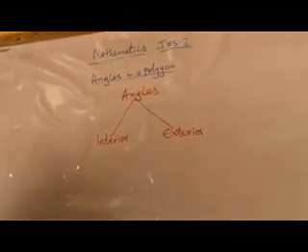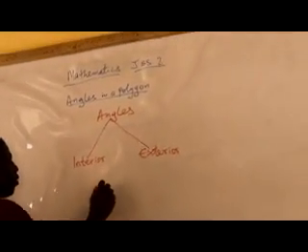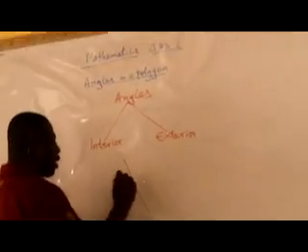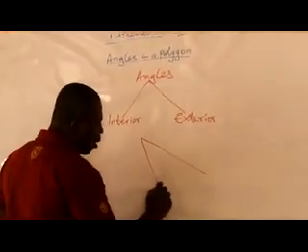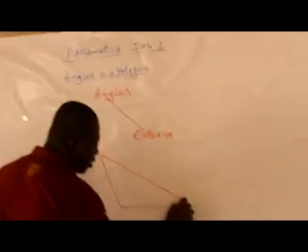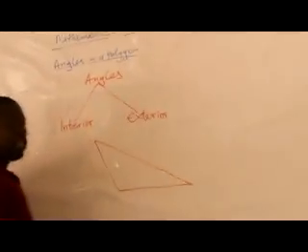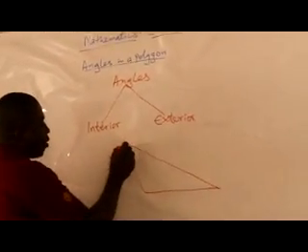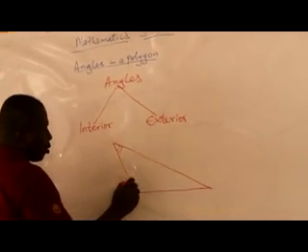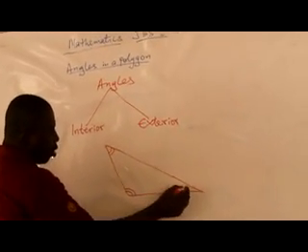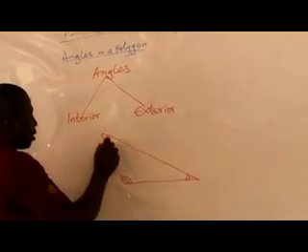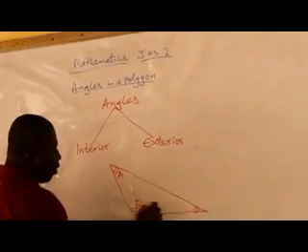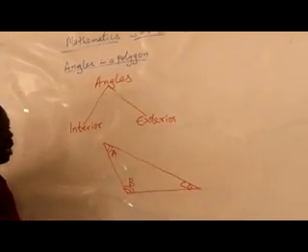For instance, to illustrate, using a triangle as an example, assuming we have a triangle like this, the interior angles of this triangle are these angles. Assuming this is triangle A, B, C, these are called the interior angles.